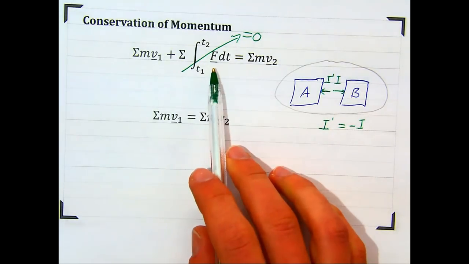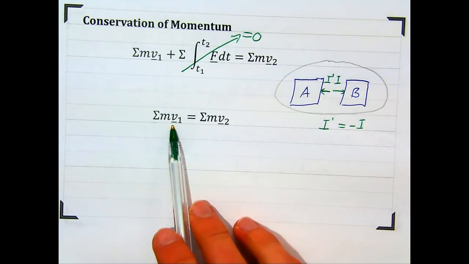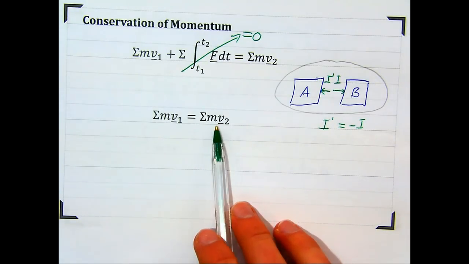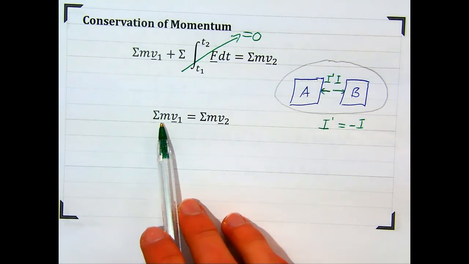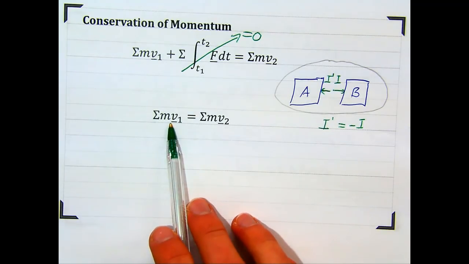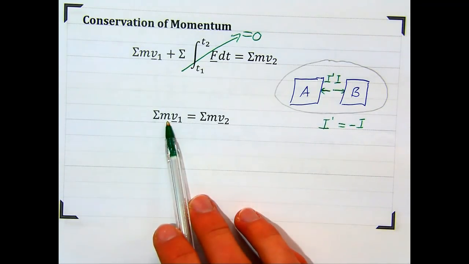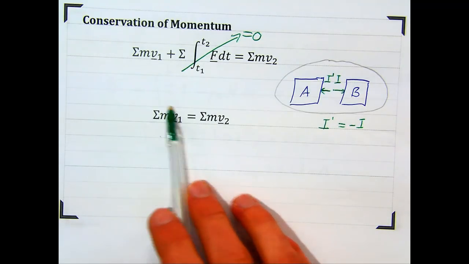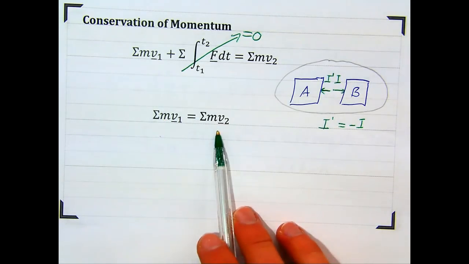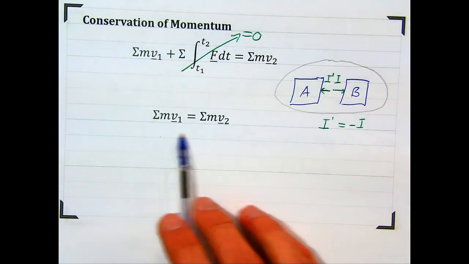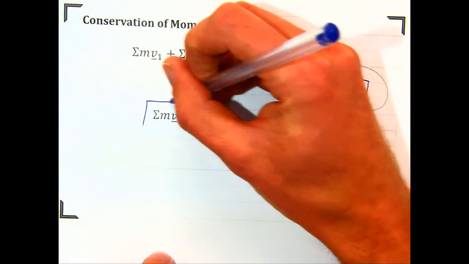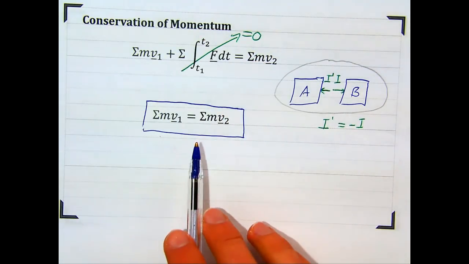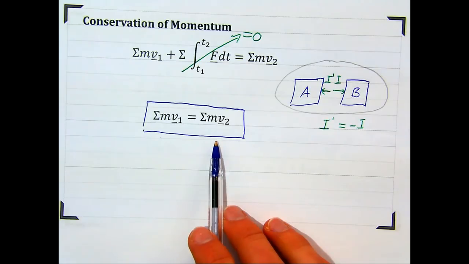And when that term falls away, we just have that the total momentum in the beginning is equal to the total momentum at the end. And important here is that you take the total momentum in the beginning, so the mass times the velocity of part A and the mass times the velocity of part B in the beginning, and do the same in the end. And then this equation over here, that is the one known as conservation of momentum.